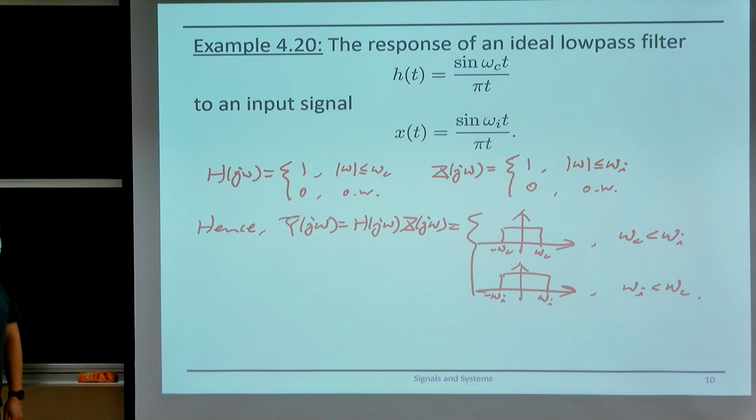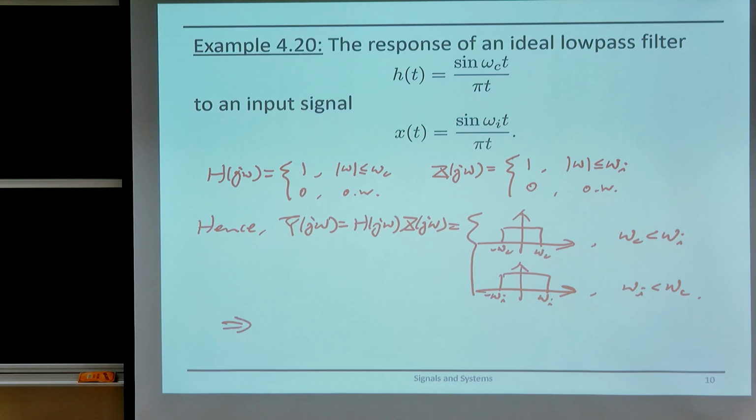All right, so for this example, you can definitely see that it's easier computing the multiplication in the frequency domain compared to computing convolution in the time domain. And then taking the inverse Fourier transform is easy, because the square wave has an inverse Fourier transform that is a sinc function.